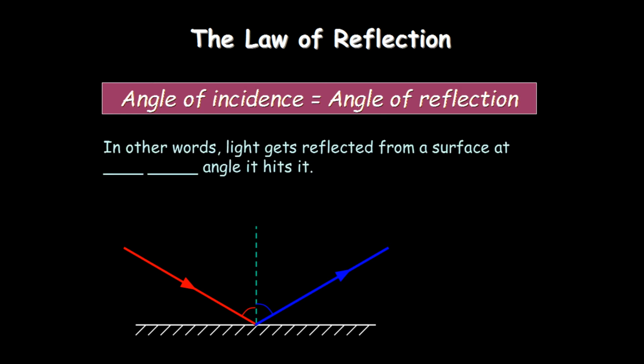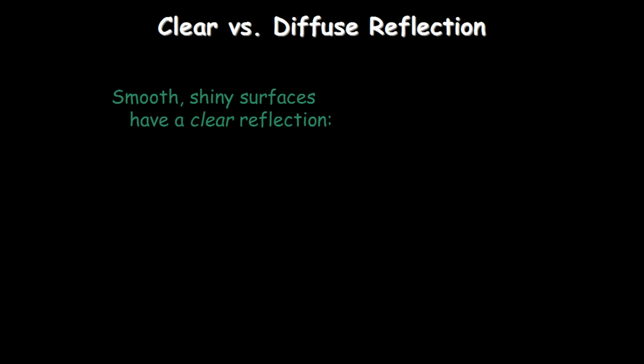The second law, in other words: the light gets reflected from the surface at the same angle. These are the same angles, angle I and angle R. Both are the same.